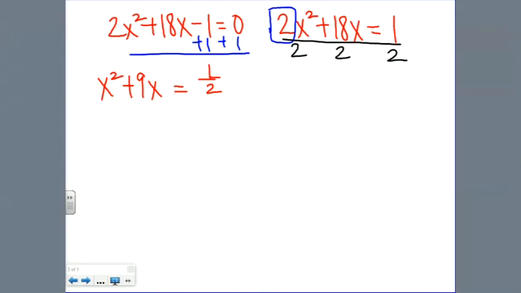Now we can complete the square. So the first step, we'll take half of the middle term. So half of 9 is just 9 over 2. And the next step is to square the 9 over 2.